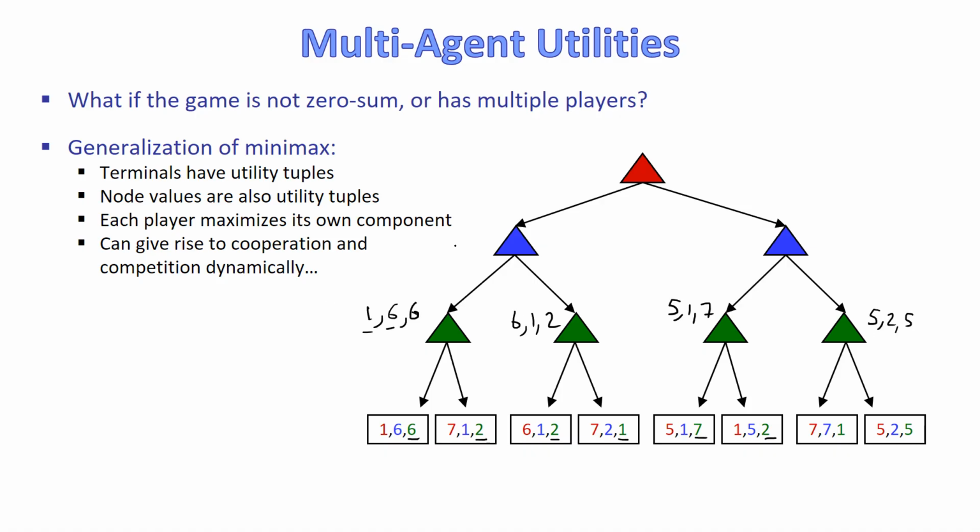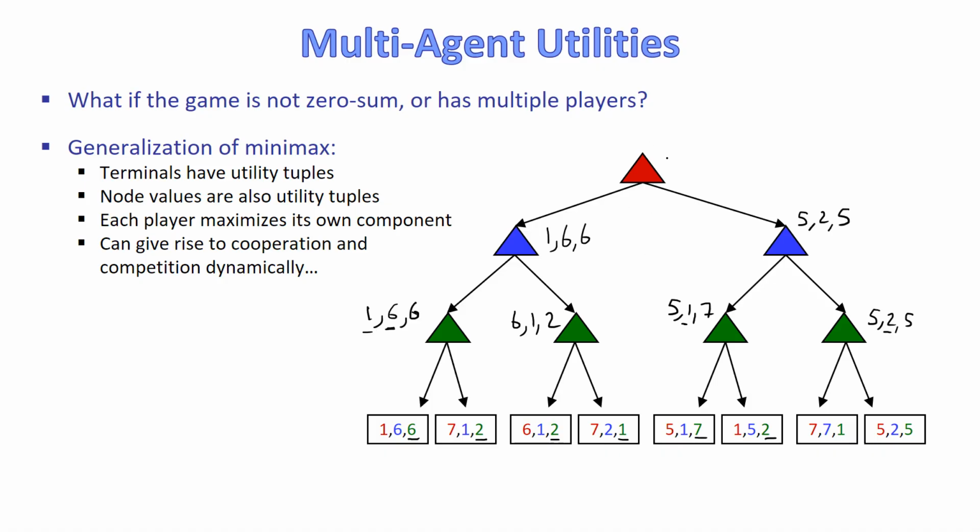Now, when we get to the second level, the blue level, the blue player will maximize his own utility. The blue here is the second number, so this is 6, this is 1, so the value here will be 1, 6, 6 because he will choose to go left. Here we have 2 and 1, so that will be 5, 2, 5.